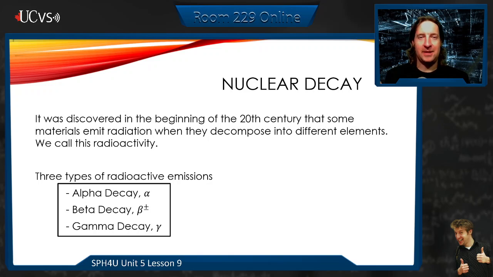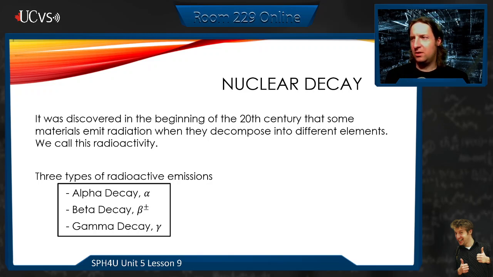Nuclear decay was discovered at the beginning of the 20th century, when chemists took newly discovered things like pitchblende, which contains uranium, and put it on some photo paper, and stuff came off of it.